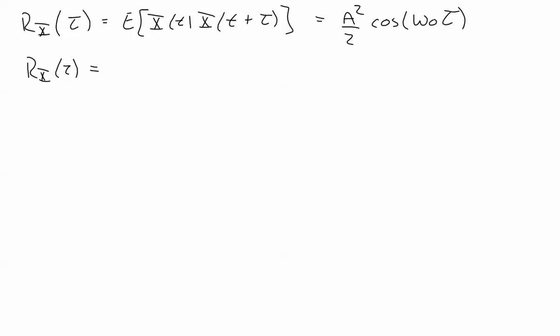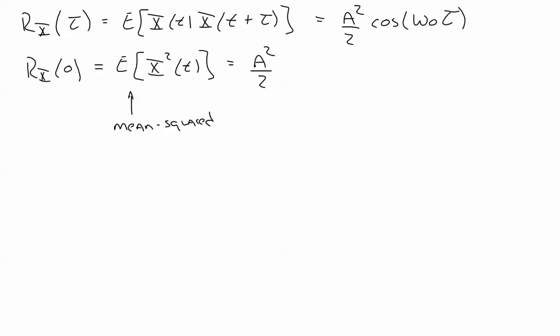All right. The autocorrelation evaluated at 0 is the mean squared value. Right?